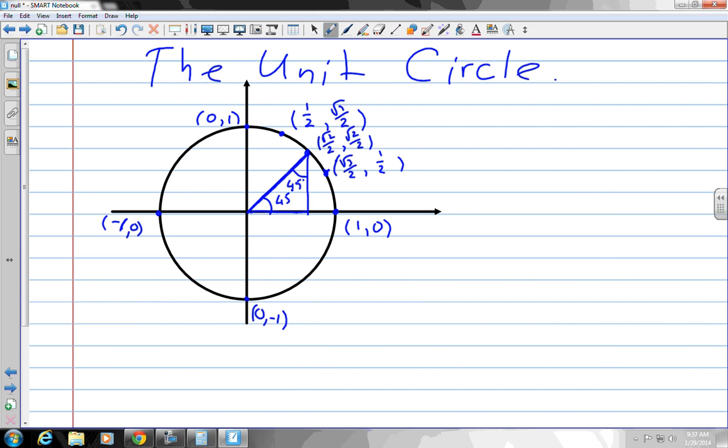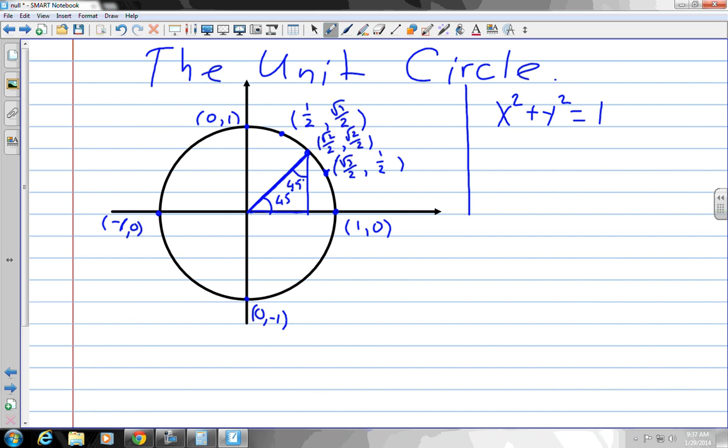Is that okay? Now notice, just a side note, this is the circle of radius 1 centered at the origin, so the equation of this circle is this. This is the equation of a circle that's centered at the origin of radius 1. So if I take any pair of those points and I plug it into that equation, it will make that equation work.